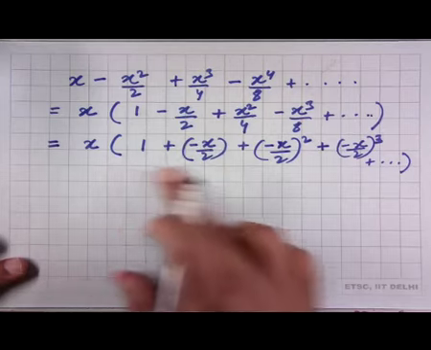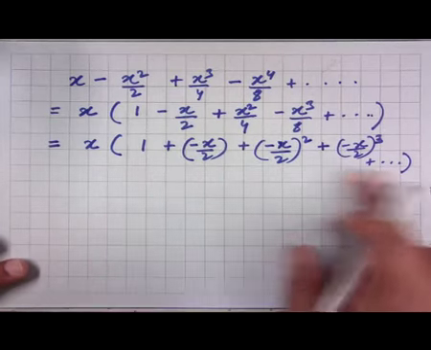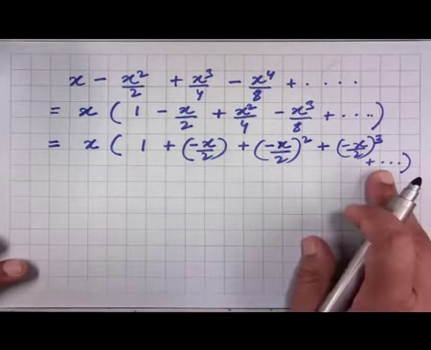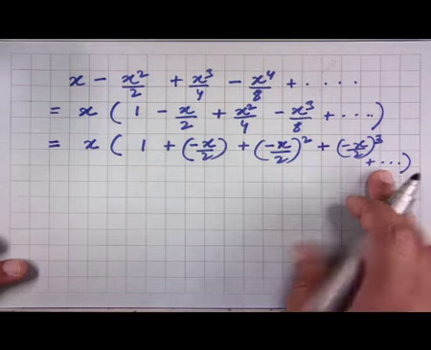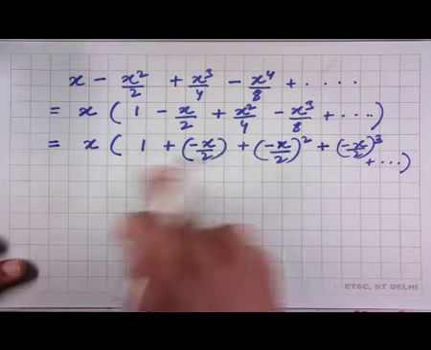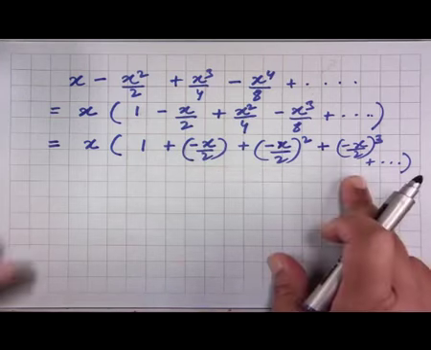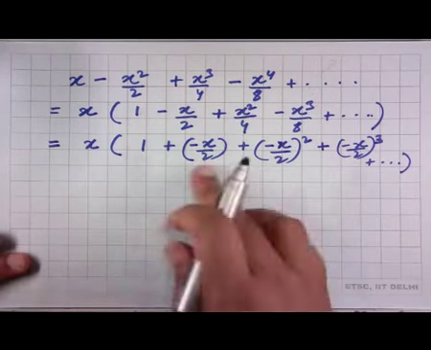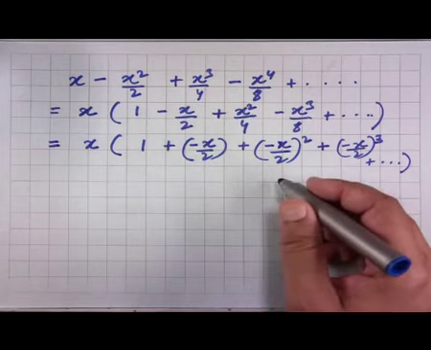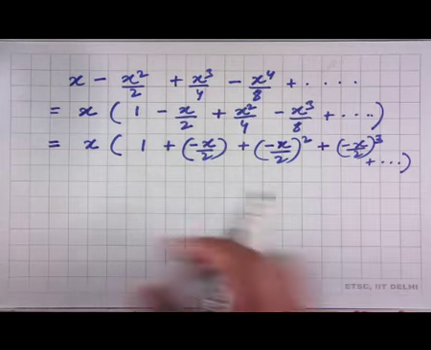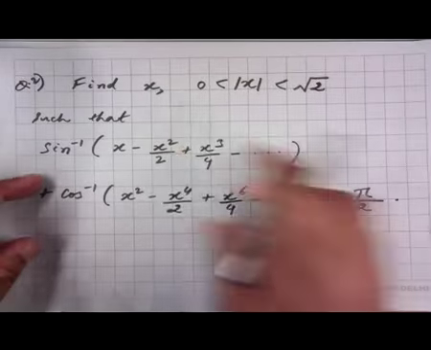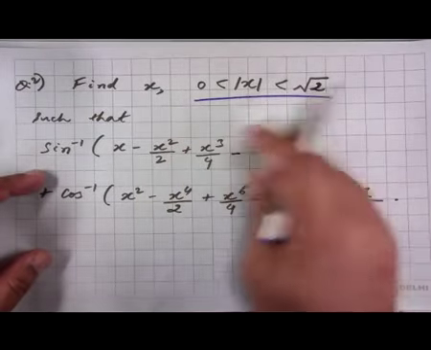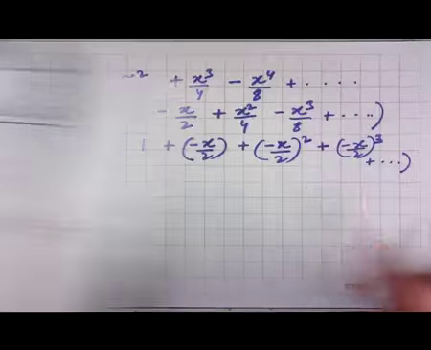So, immediately we see that we have a geometric series over here, and then we need to find out whether this series is going to converge or not. If we go back to the statement in the question, we are given that mod of x is less than square root of 2.